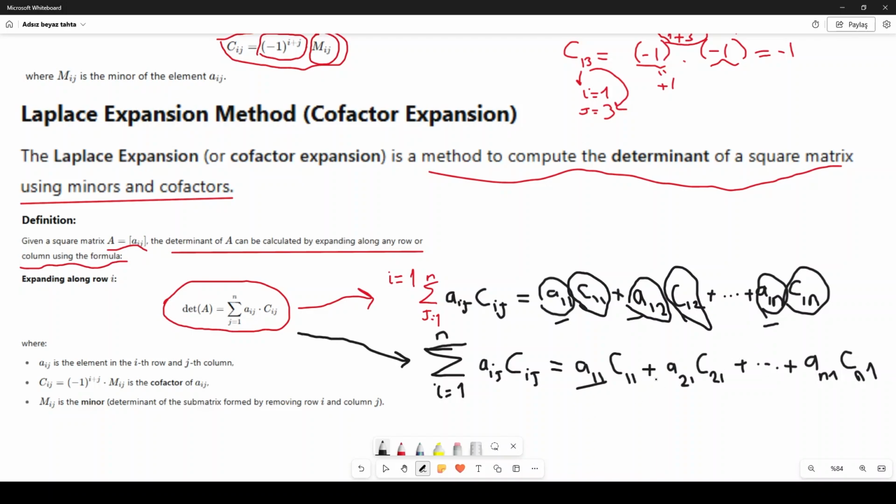And A11, A21, and An1 are the entries in the first column. And again, I can choose any row or column to apply this cofactor expansion technique. That's why it's called cofactor expansion.